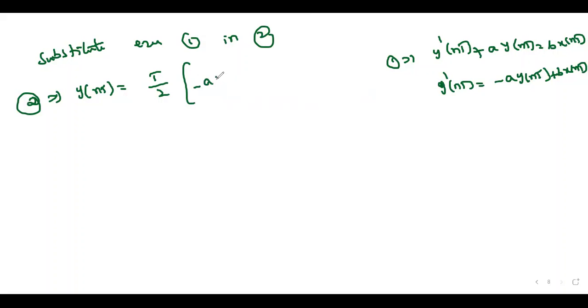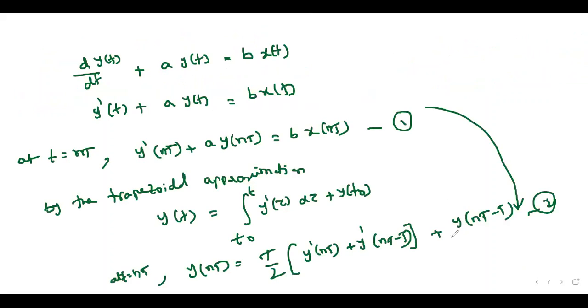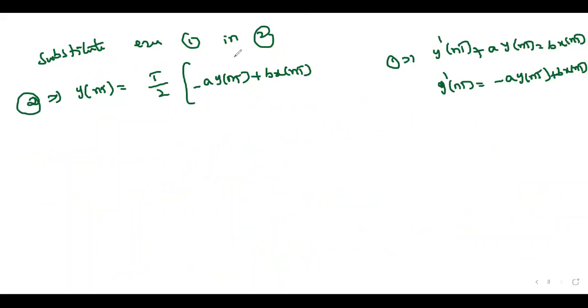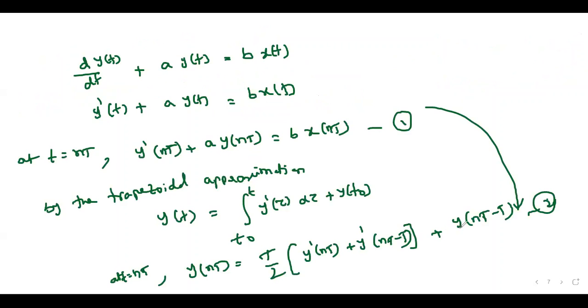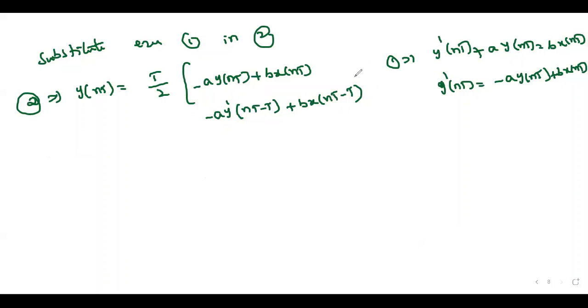It is minus a into y of nt plus b into x of nt. Next, y dash of nt minus t. So same thing, but y of nt minus t you should write, plus b into x of nt minus t. And next, bracket close, then plus y of nt minus t.